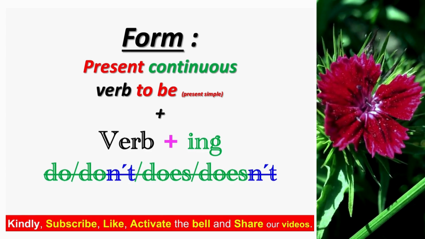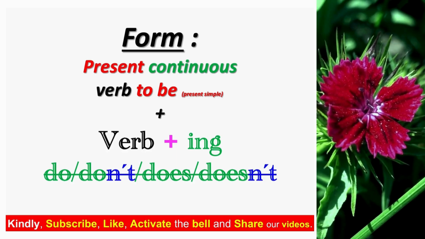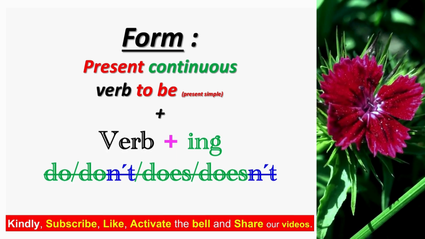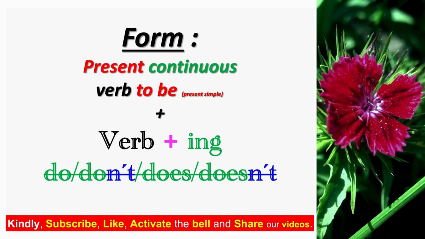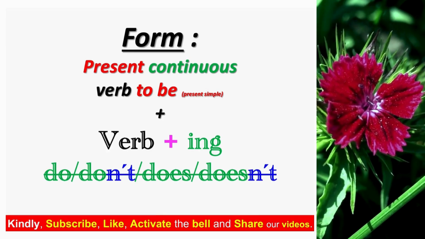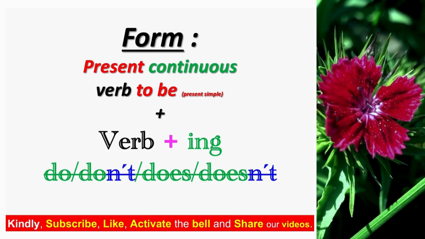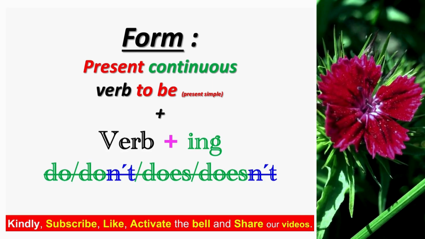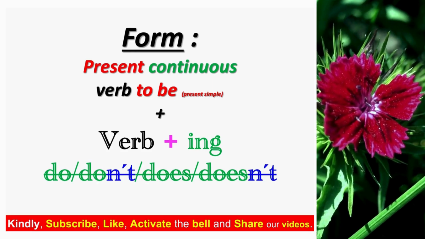If we have just verb plus ing, it's not present continuous. Remember this. So to have present continuous, you should have two things: first, verb to be in present simple and verb plus ing.